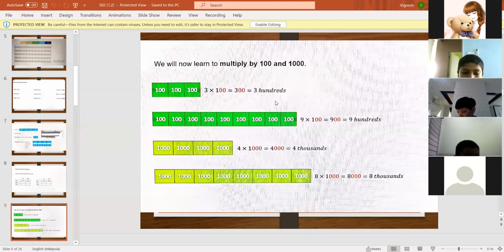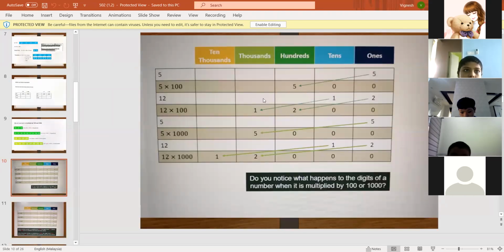Any questions about multiply by 10 just now? You just add 1 zero at the back. How about multiply by 100? You need to add 2 zeros at the back. Are you all focusing? Do you notice what happens to the digit after you multiply by 100 and after you multiply by 1,000?